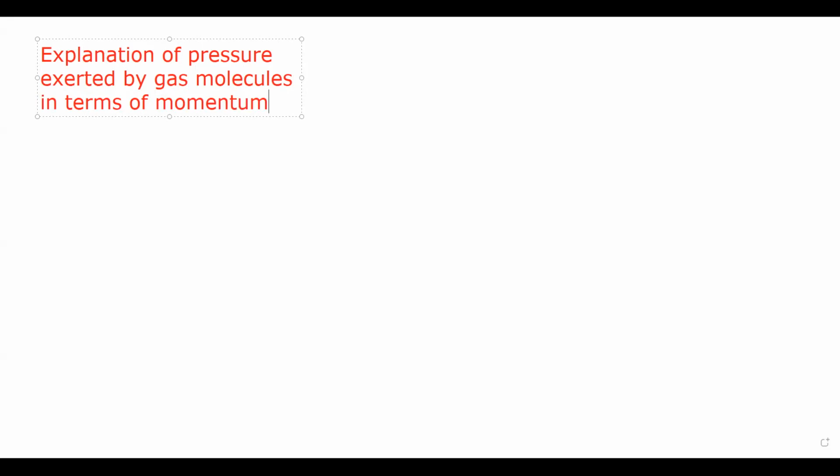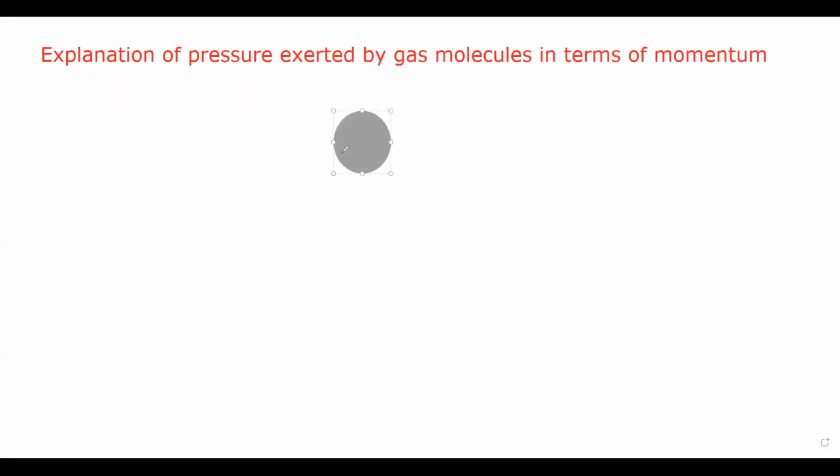Remember, as we discussed in general physics, momentum is the product of mass and velocity, where m is mass and v is velocity. V or u can be used. Now, how can we explain why the gas molecule exerts pressure when it collides with the wall?